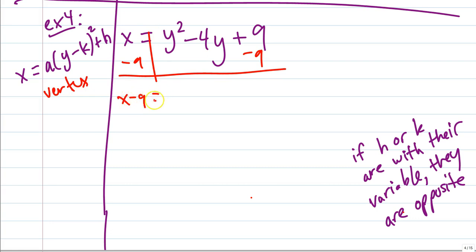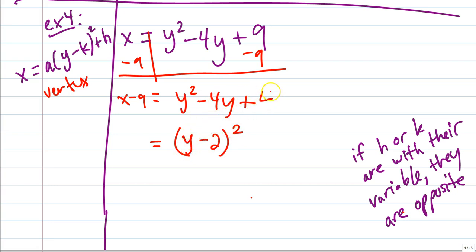X minus 9 equals, let's complete the square, y minus 2 squared. That would create y squared minus 4y plus, so this becomes x minus 5. To get it back into vertex form, we're going to just move over the 5.